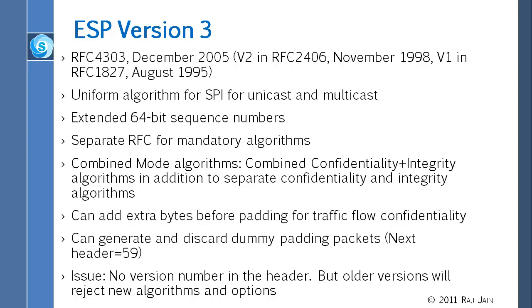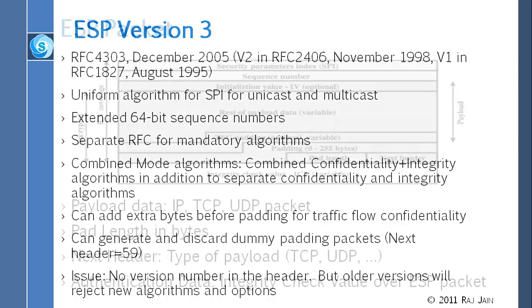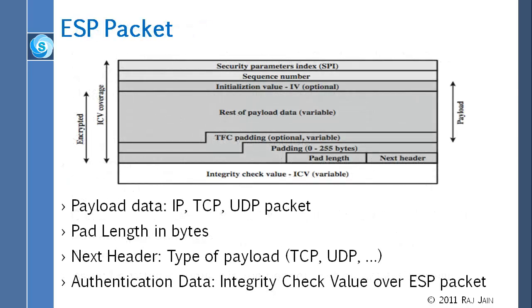And then traffic flow confidentiality was added in version 3, the TFC padding. It can generate and discard dummy padding packets. Next header is equal to 59. So if the whole packet was the TFC padding, then the payload is 59.